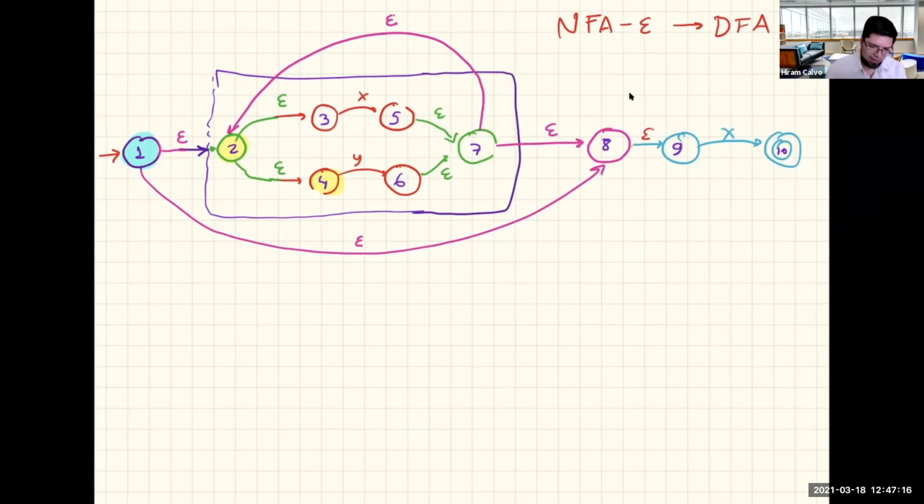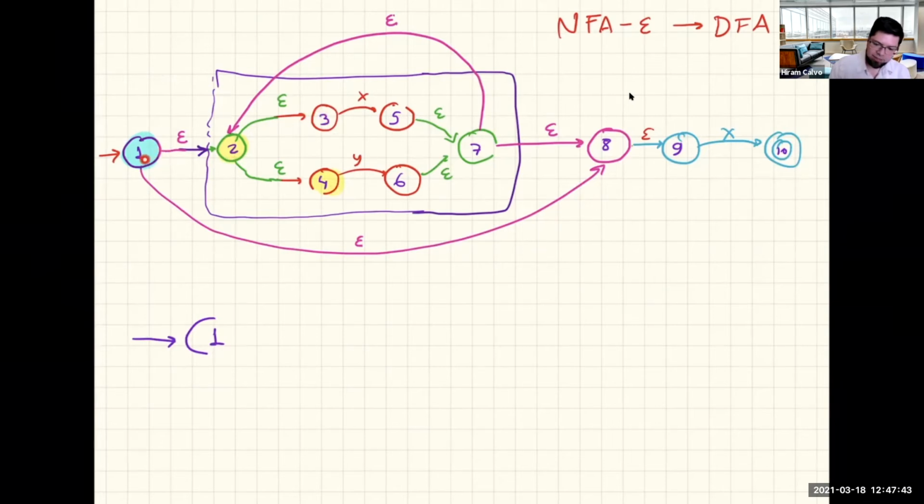Okay, and pay attention, please. Now we will do the following. We start with state 1, but now before we start merging states for destination, we will merge before, because when I am standing on state 1, I can reach states 2, 3, and 4.